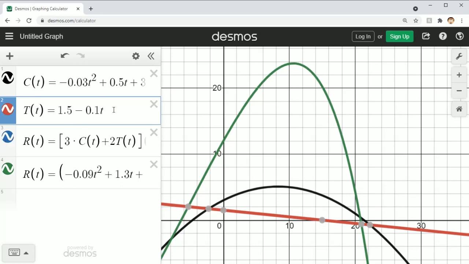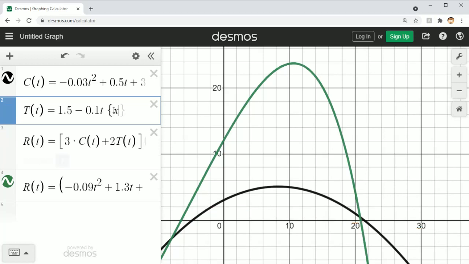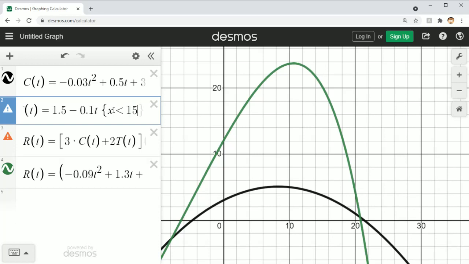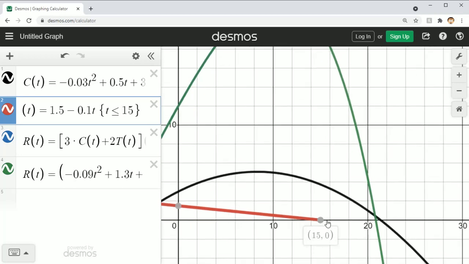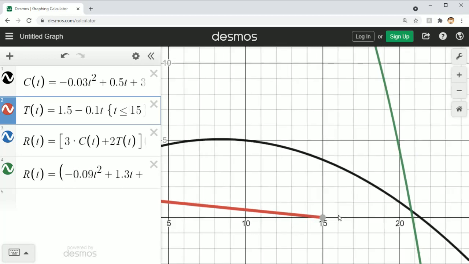I'm going to put a restriction on the number of tapes sold and say that T is less than or equal to 15, because I think that's when it went to 0. Okay, so yeah, that was where they hit 0 tapes.